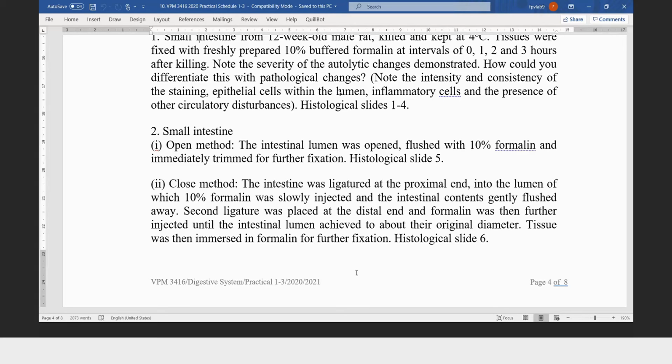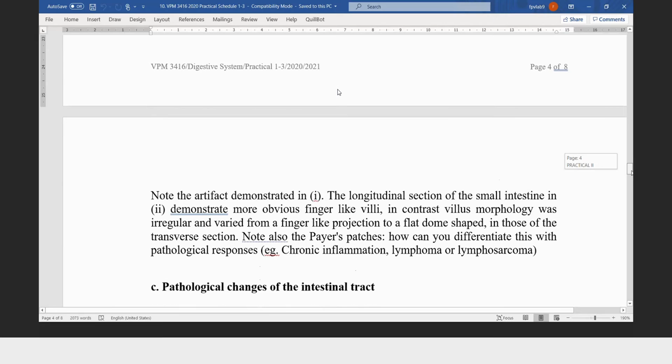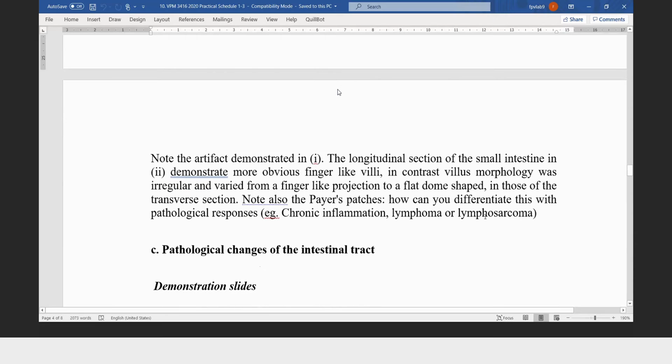And the tendency is for you to get a finger-like projection. This is quite advanced, but in case in the future, I just want to share with you, because believe me, even in the future we very much need to have a healthy gut. In this slide, which I don't show you here, there are also artifacts.